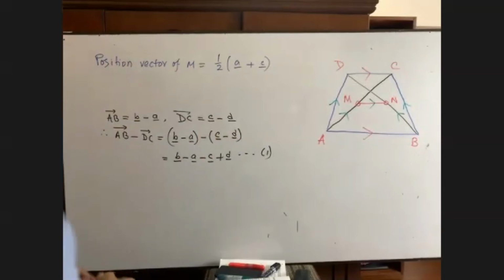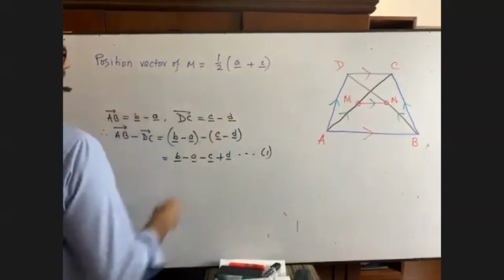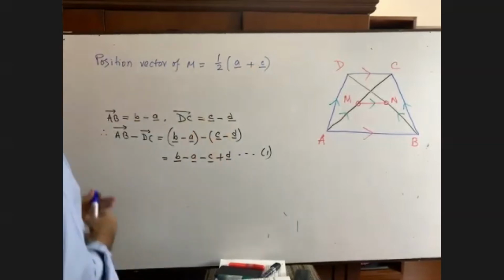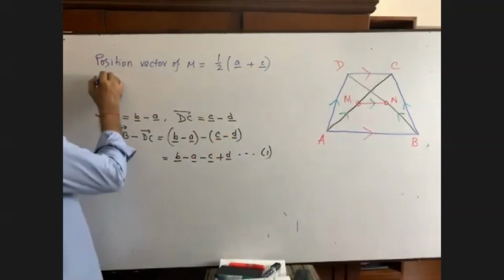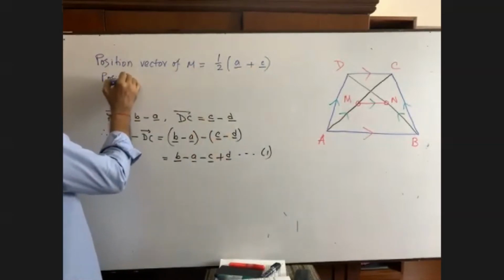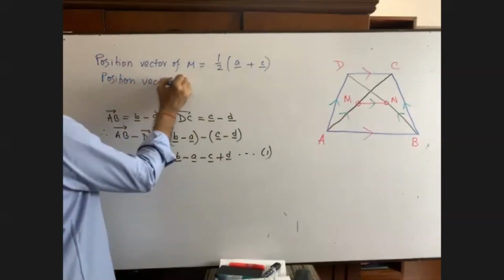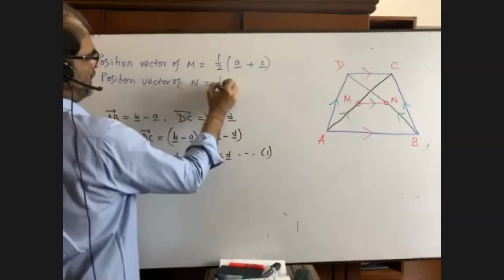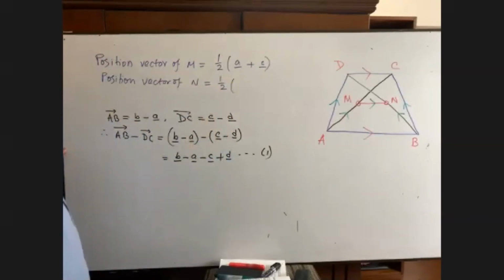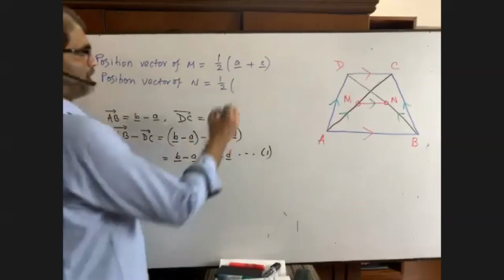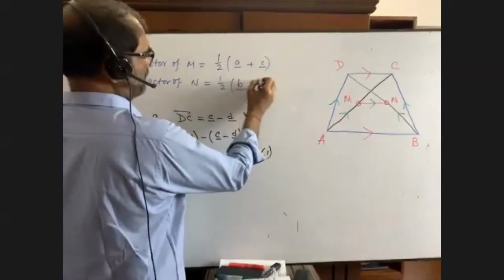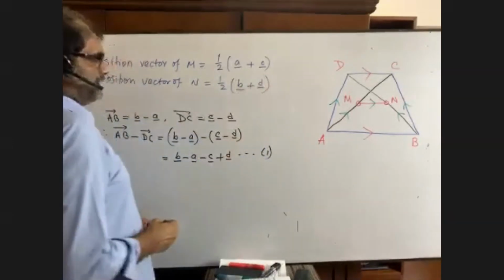I told you, I proved it. Position vector of N equals what? Half of B plus D, because N is the midpoint of BD.